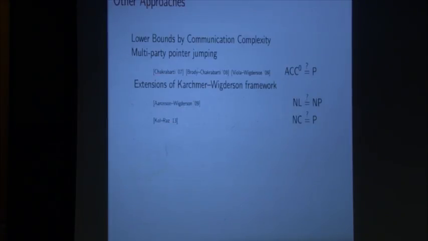This pointer jumping problem is very similar to the iterated indexing problem, where the information flows in a reverse direction. So it's similar in spirit. And when you are considering communication complexity, there are other suggestions that if you consider a different way of distributing information, then you may be able to separate NL from NP, NC from P, whatever.